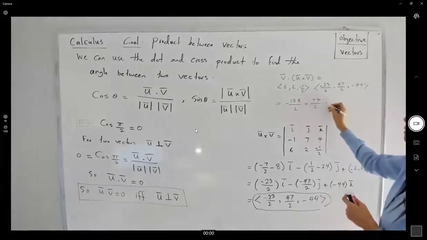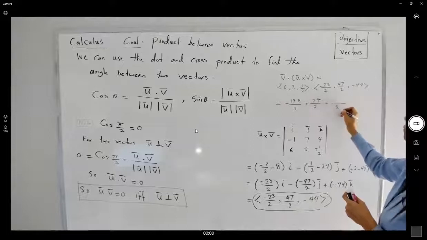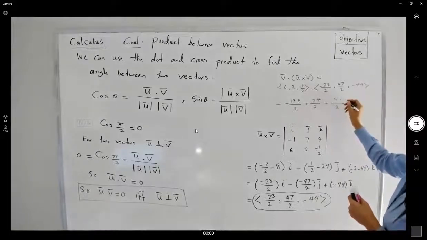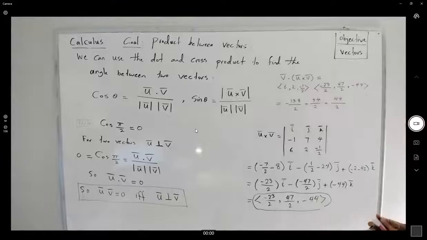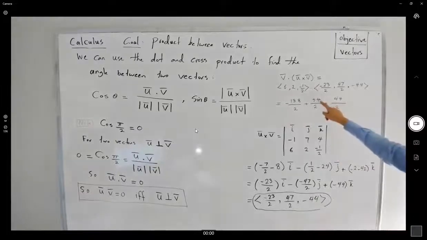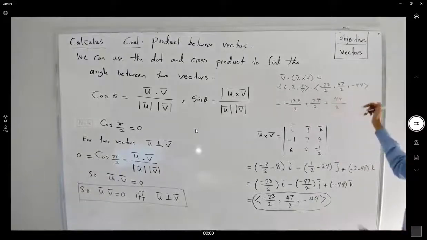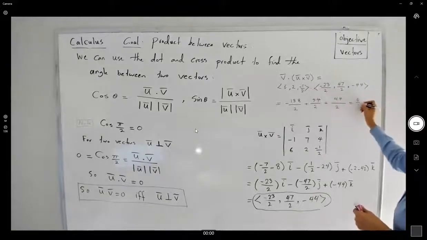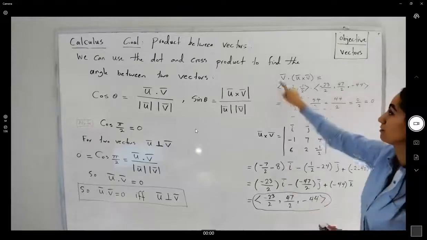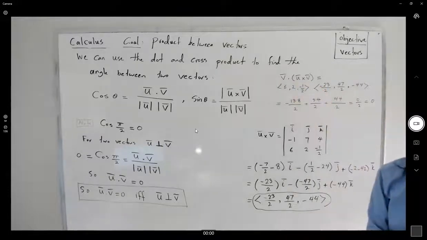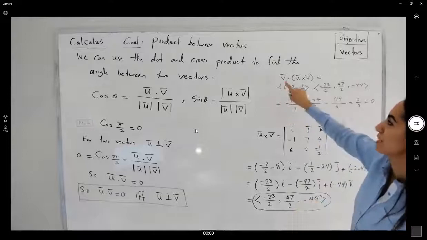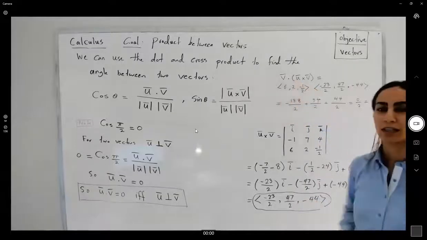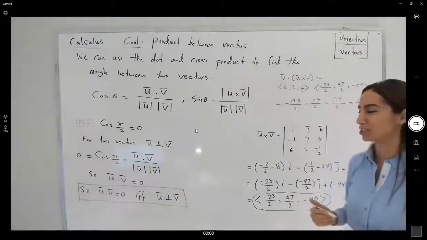And here we have plus 244/2. So if you add these together, we get 0/2, or just 0. As you can see, the dot product between v and u cross v is also 0. What's the meaning of that? It means that v and u cross v are perpendicular to each other.